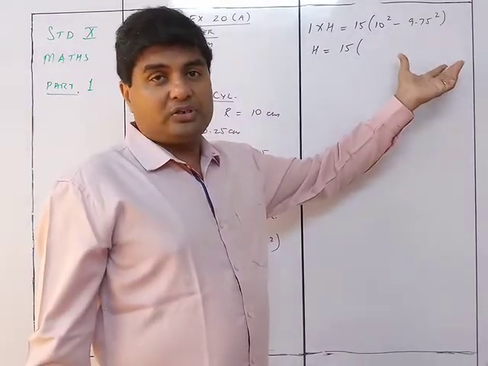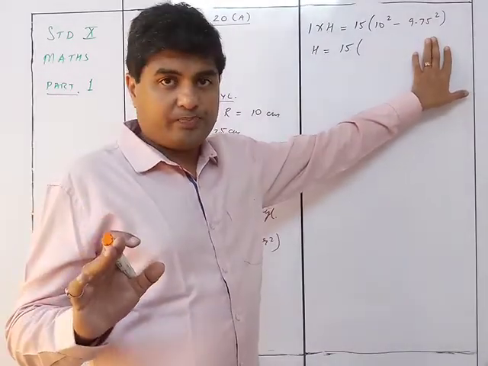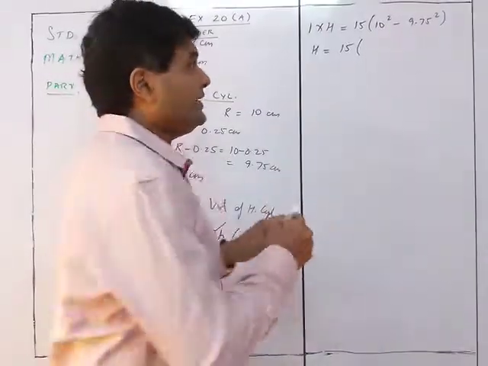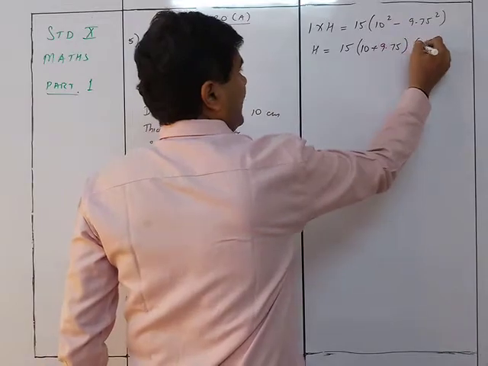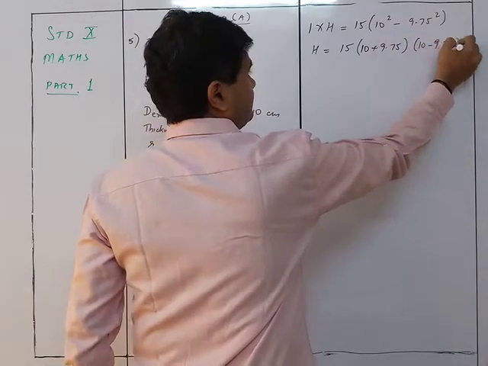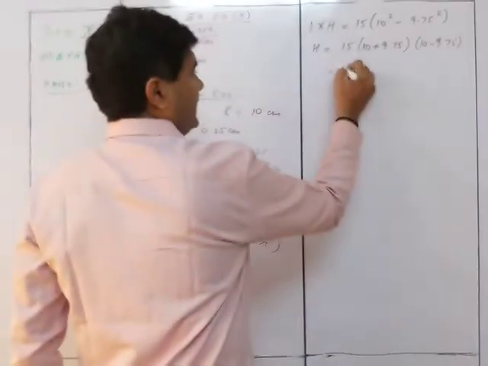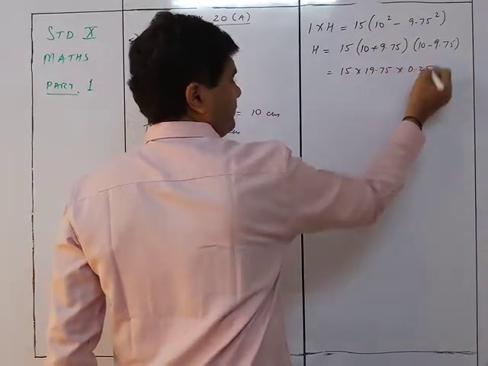No need to find out 9.75 into 9.75. What we know is that this is a square minus b square, so it is a plus b into a minus b, that is 10 plus 9.75 into 10 minus 9.75. Got it? So this will be 15 into 19.75 into 0.25.